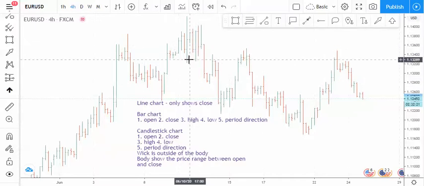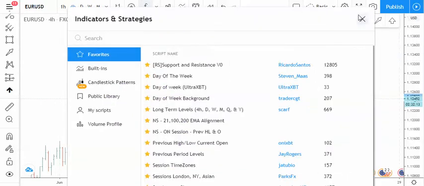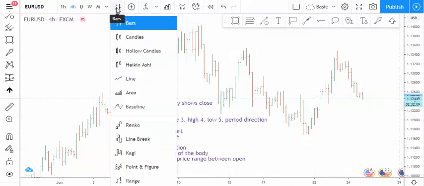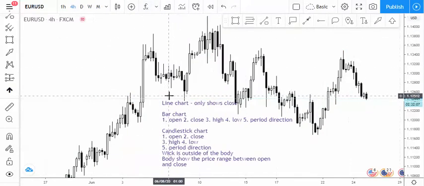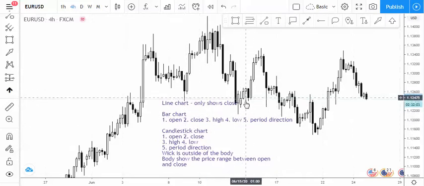The color will also tell you the direction for the bar, but you have to look a little closer for the open and close. And then my favorite, like I said earlier, is the candlestick. The candlestick gives you 5 pieces of information, just like the bar chart, with the wick representing the area that price traded above and below the open and close.